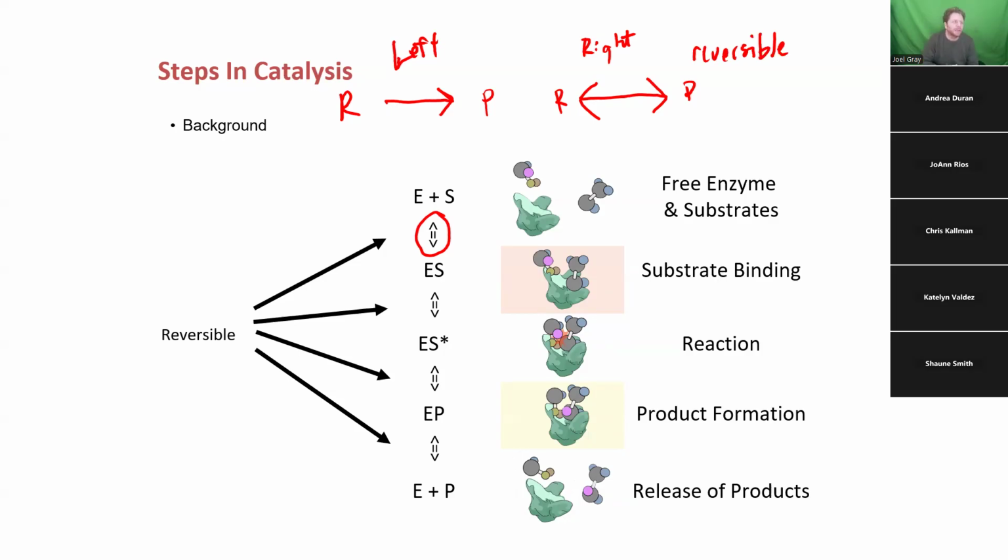So that means that when we go from E plus S to produce the ES complex, and we see these reversible arrows, that ES complex could fall apart, could break down to our free enzyme and our free substrate. So when you see these arrows, reversible.